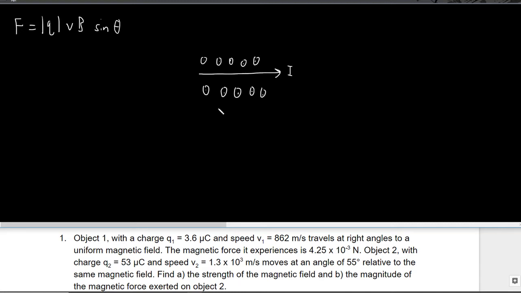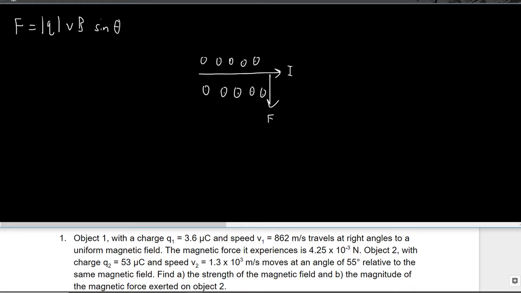Since this current is perpendicular to the magnetic field coming out of the page, it's going to get deflected. It's going to experience a force perpendicular. We'll go through the directions next time, but really the force is going to be perpendicular to the current and the magnetic field, or I should say it's really perpendicular to the magnetic field. That's the relative part we're looking at.